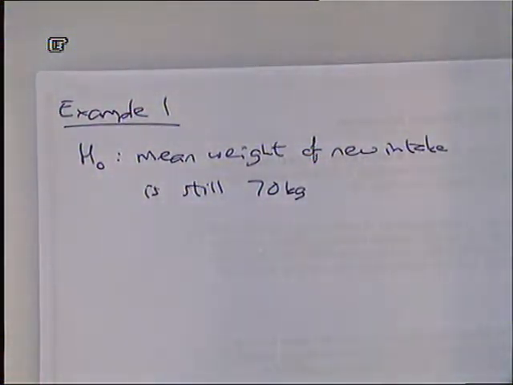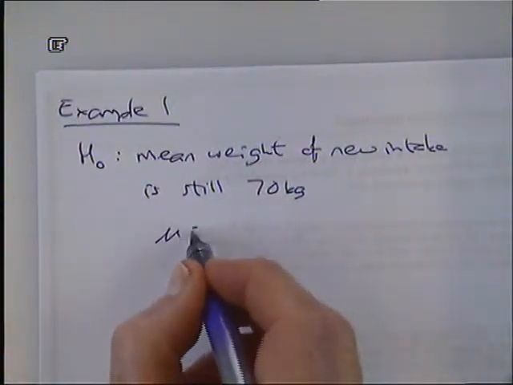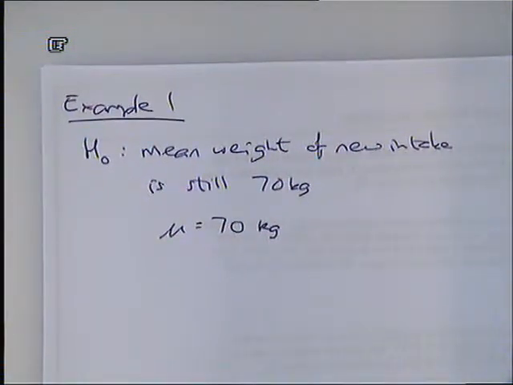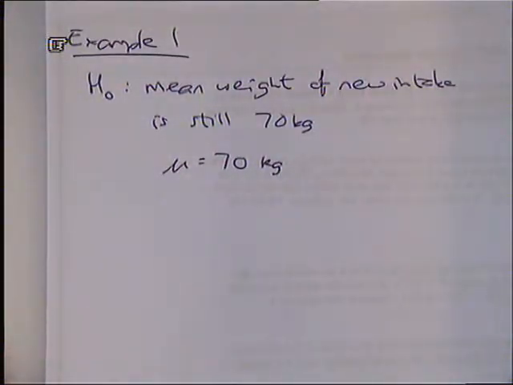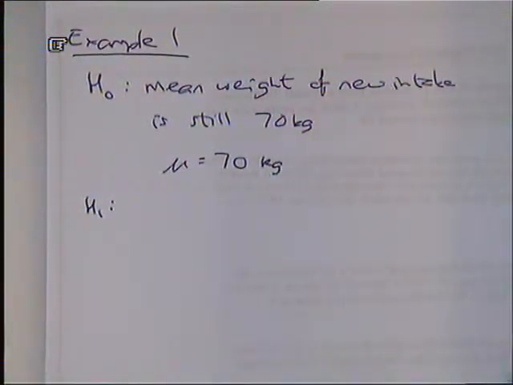So you'd write it down as a sentence in an A-level question, and then you'd write it down in notation. Well, the mean weight is mu, so we are saying that mu equals 70 kilograms. This year group are not guilty of being fat. Okay, that's a null hypothesis. So the alternative hypothesis, well, looking back at the question, it said, is there significant evidence that the mean weight is more than 70?